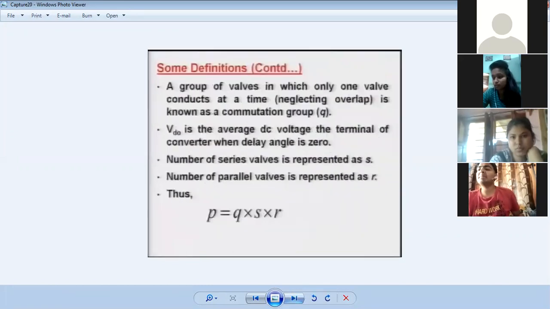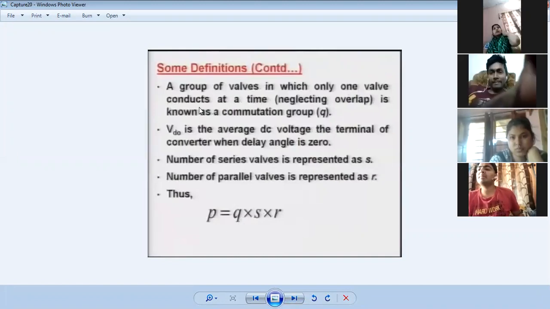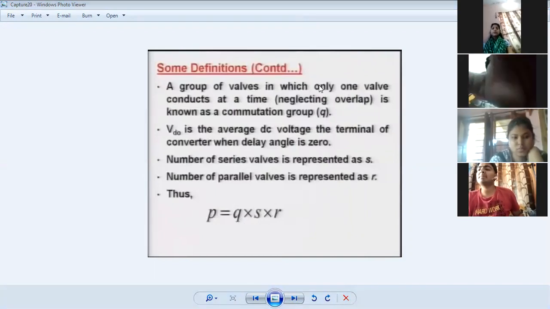So we are moving on to the next slide. A group of valves in which only one valve conducts at a time, when we neglect the overlap, is known as a commutation group, denoted as small q.